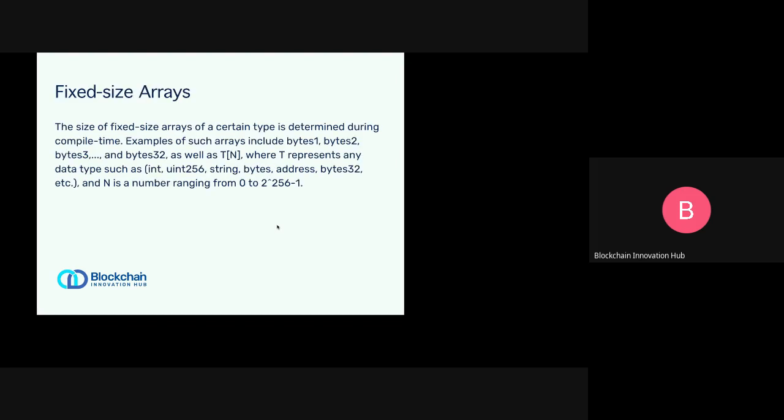So then the next thing is fixed size arrays. For a fixed size array, the size is determined at compile time. When you are writing your code, that's when you determine the size.